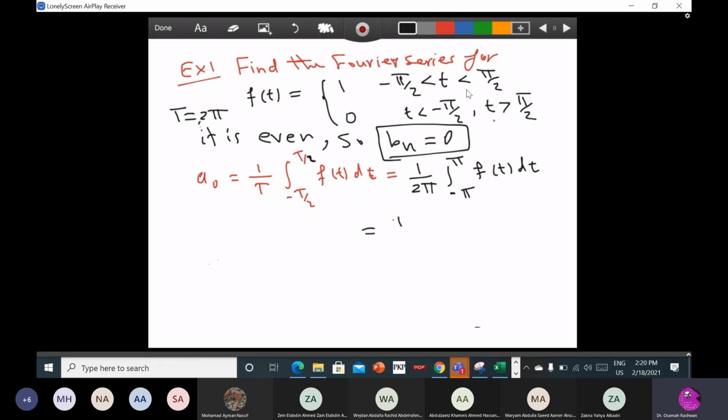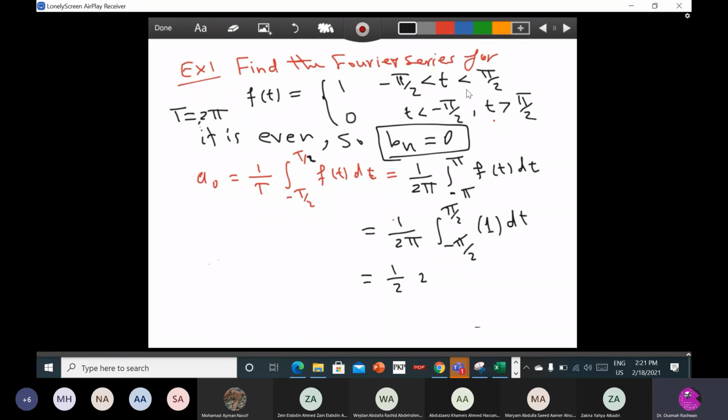So this will be 1 over 2 pi, from minus pi over 2 to pi over 2. What is the function in this period? It is 1 dt. Because it is even, or even if you leave it like this, it will be the same.